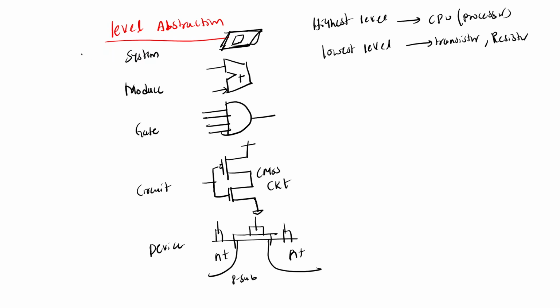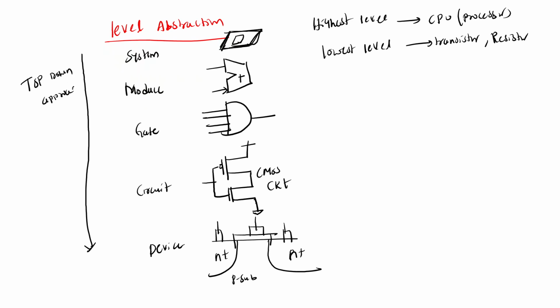Top down means if you want to design a processor, you divide it into modules, divide modules into gates, gates into circuits, and circuits into devices. This is the top down approach.